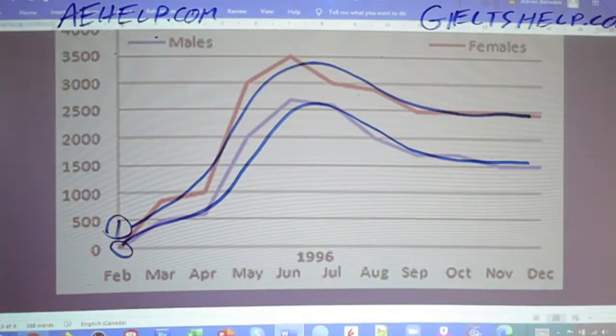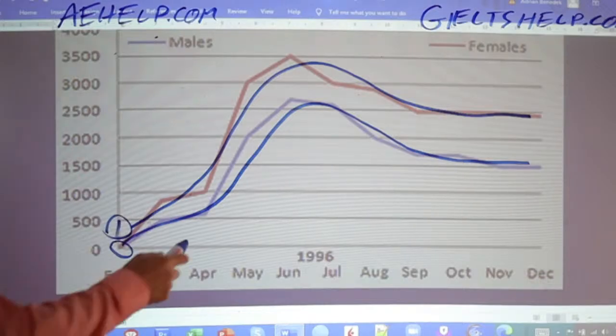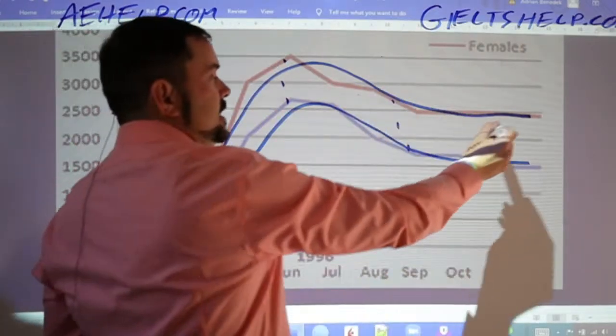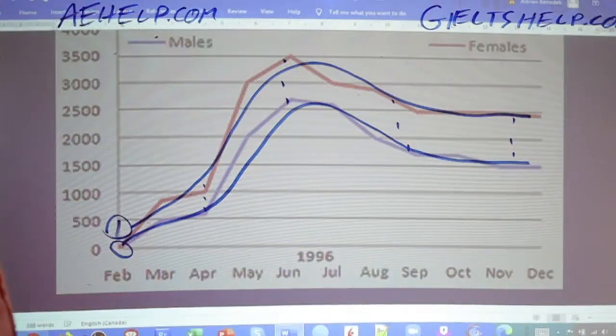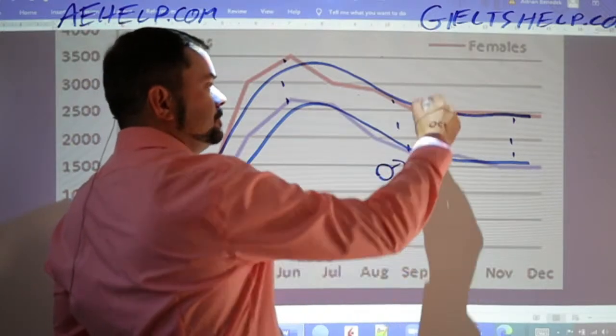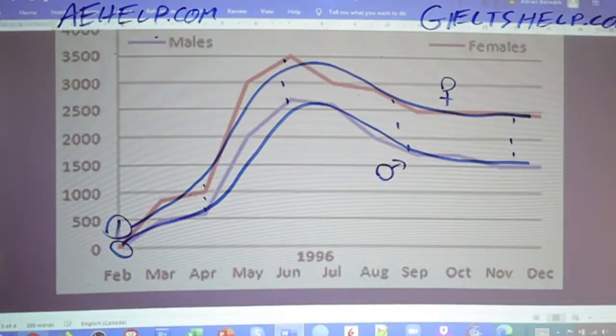And all I'm doing here is getting an average difference between men and women. So I'm not going to describe the difference between all these points, but I just want to describe what is the average difference between the rate of males versus the rate of females, okay?